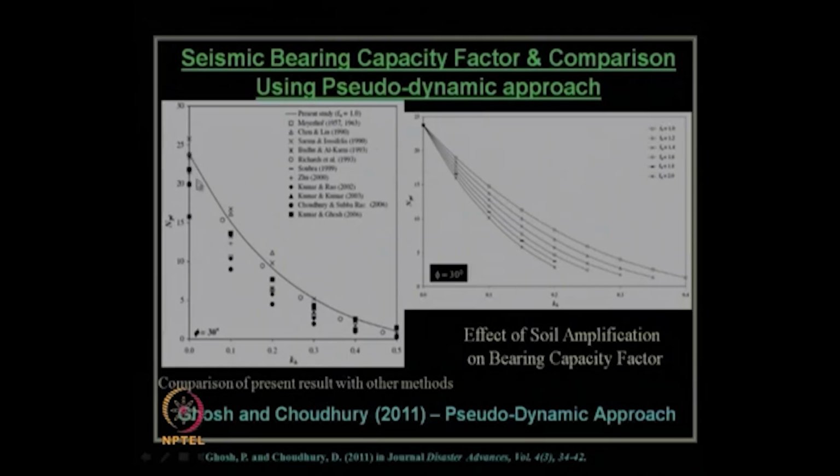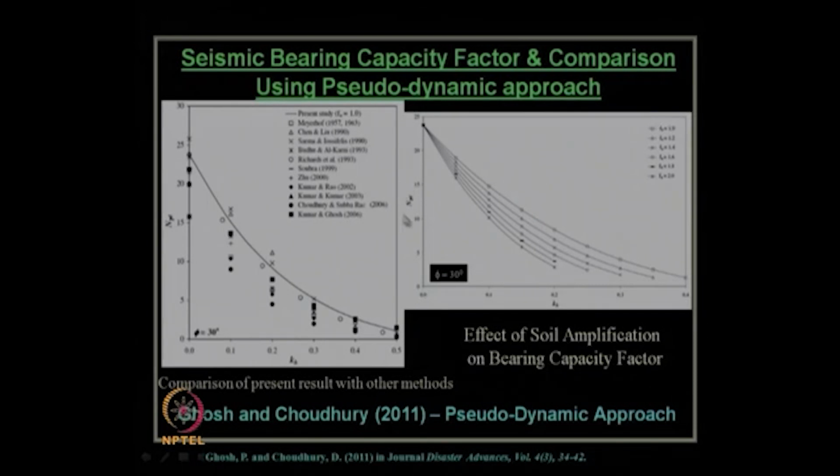But remember, this present study gives us the result for amplification factor of 1, so, when there is no soil amplification. So, in the pseudostatic method, we do not have the chance to incorporate that amplification factor, but we can take that aspect in the pseudodynamic approach.